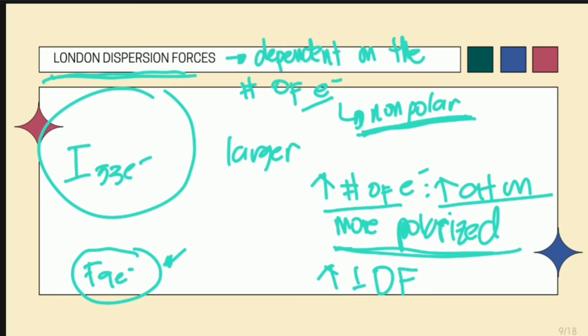So, kung mapapansin nyo, directly proportional lahat from the number of electrons, the size of the atom, the polarizability of the atom, and the force of the LDF acting on that atom. So, kapag mas mataas yung value ng isa, sasama yung iba na tataas din yung value.